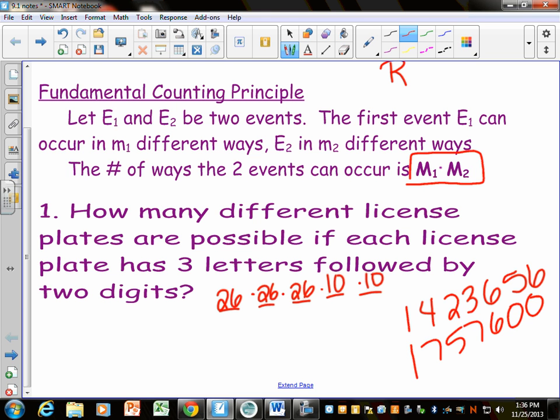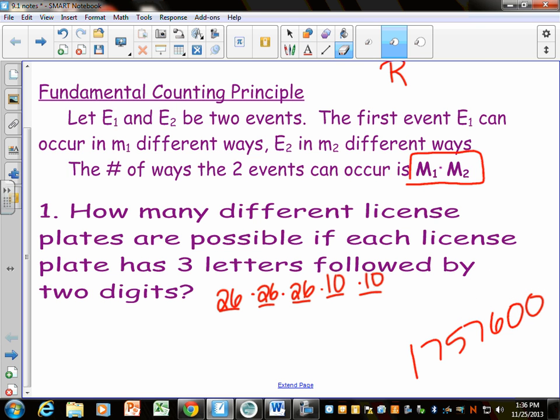Oh, Bryce, check again. How many digits are possible? 10, right? What did you do? 9. Yes, that'll change it. 0 is also an option.